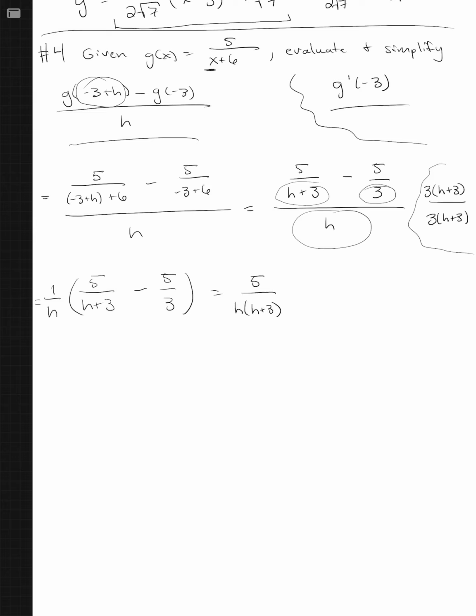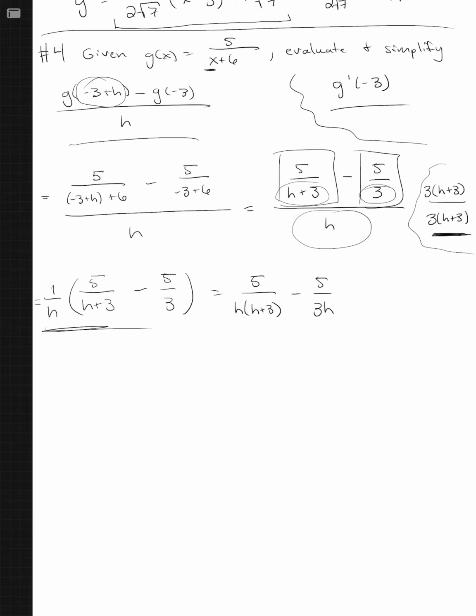So over here, this method involves getting rid of the small fractions, right, these guys here, and keeping the big fraction. This method involves getting rid of the big fraction and just keeping the two small fractions, right? They're both going to get you exactly to the same place. It's just a slightly different algebraic path.